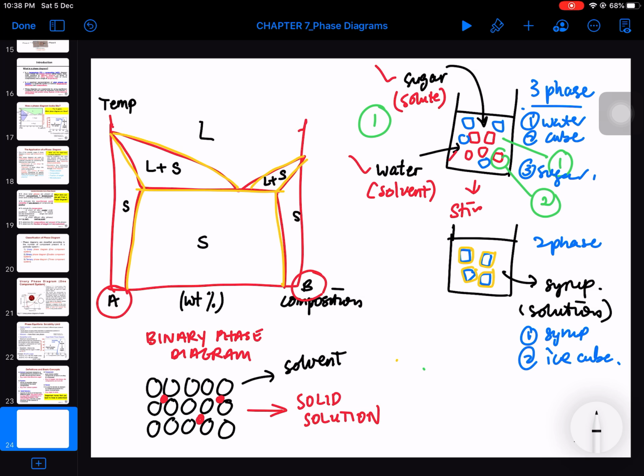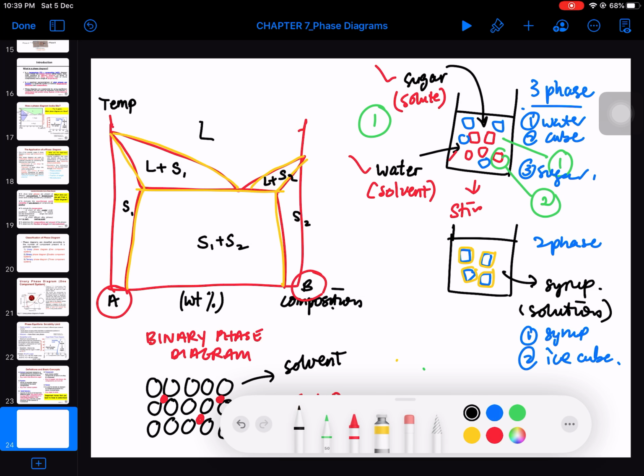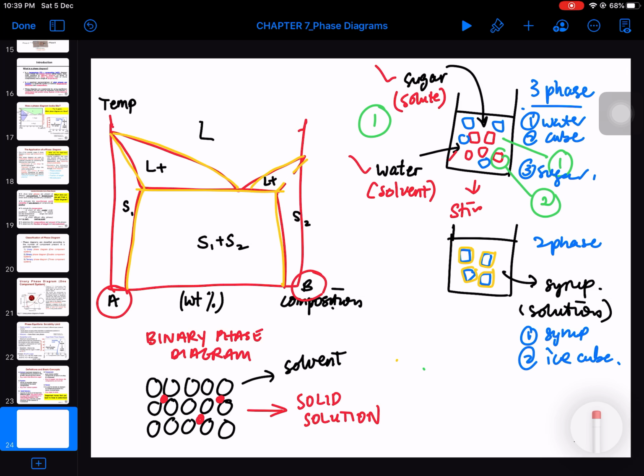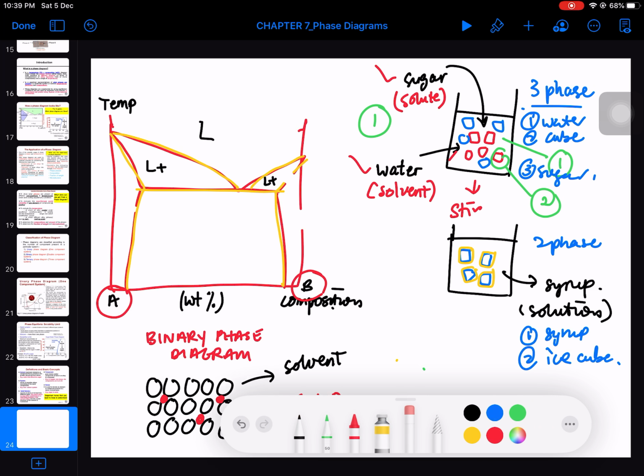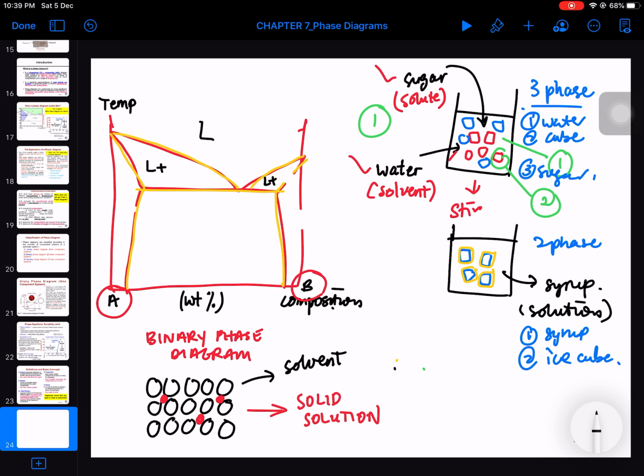Since this is a combination of A and B, this is solid 1, this is solid 2, this is solid 1, this is solid 2, and this is solid 1 plus solid 2. But normally, we'll put it as liquid plus alpha here, and this as liquid plus beta.